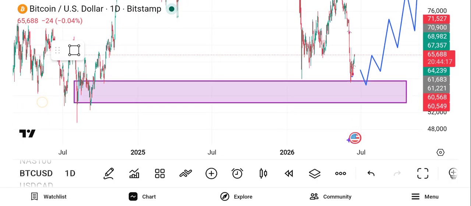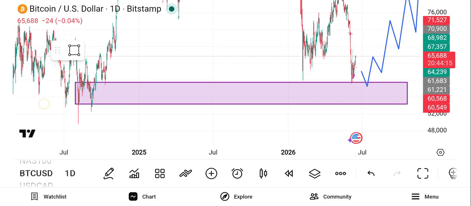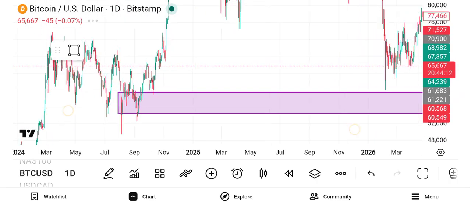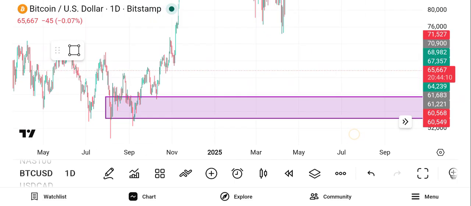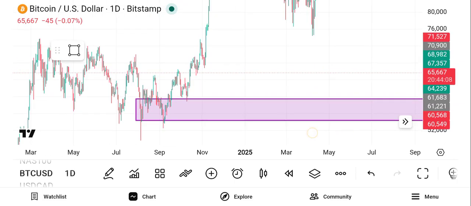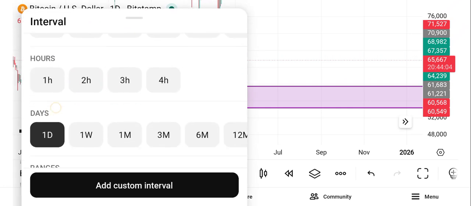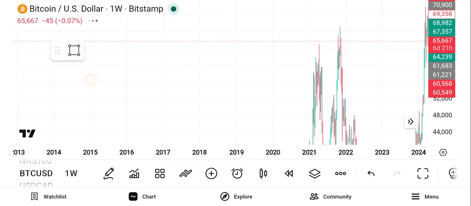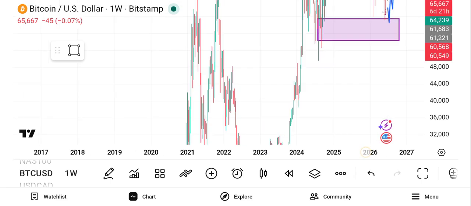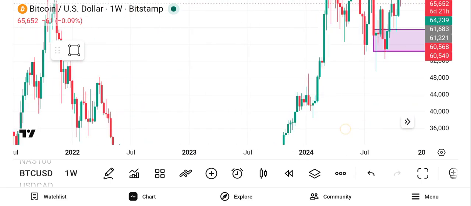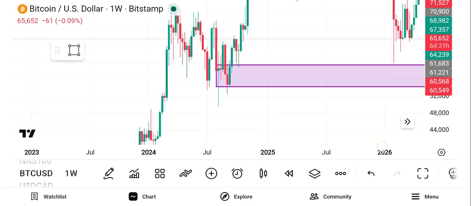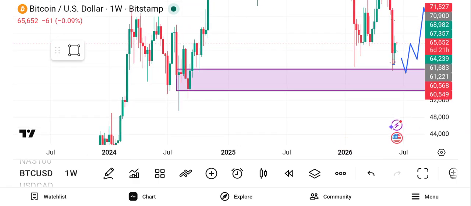On the daily time frame, the zone was not really clear, alright, but I know that there are zones here that can possibly reverse price. So I still proceed to my weekly time frame. On my weekly time frame, you can see there is an order block there.